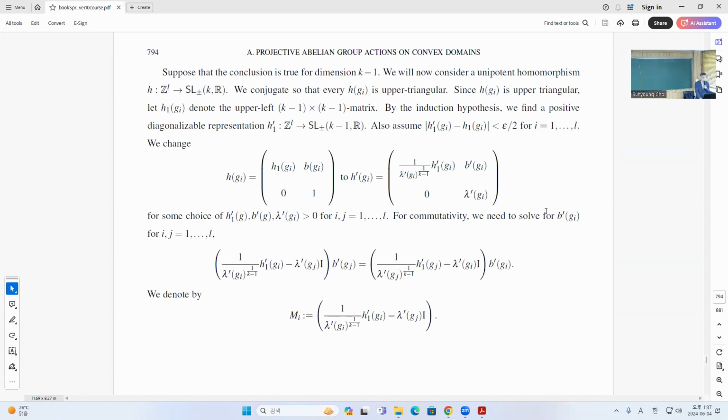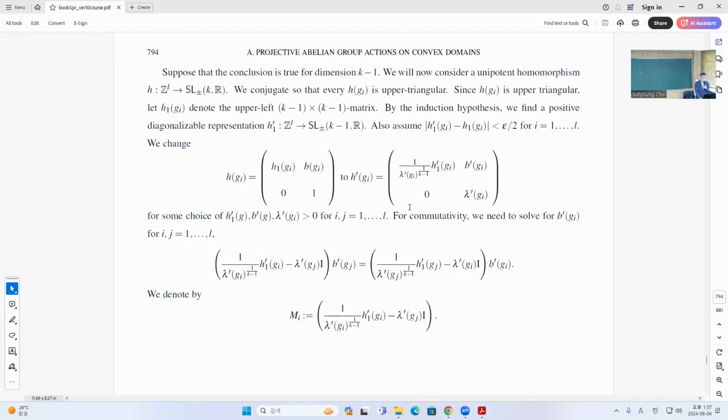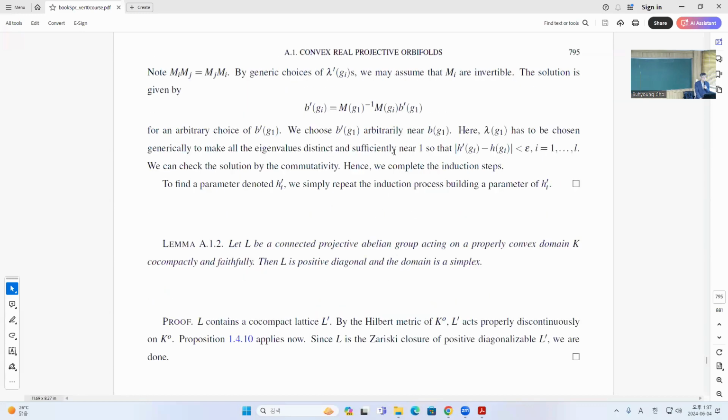So we need to solve for this b prime 1, b prime z, to give a bi, and the equation to solve is actually this. For commutativity, you write this mi to be this, and so mi mj is mj mi. I wrote this wrong in the previous version, but the solution is just this. For the mgi, you just need to multiply by inverse, and then you get everything here. So that's the solution. Okay, so then you can generalize to one higher dimension.